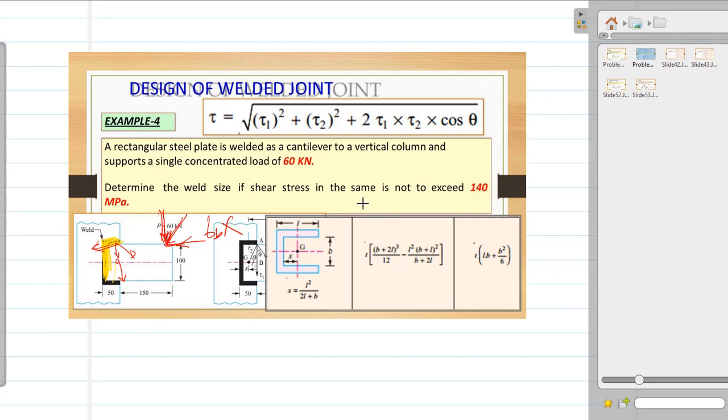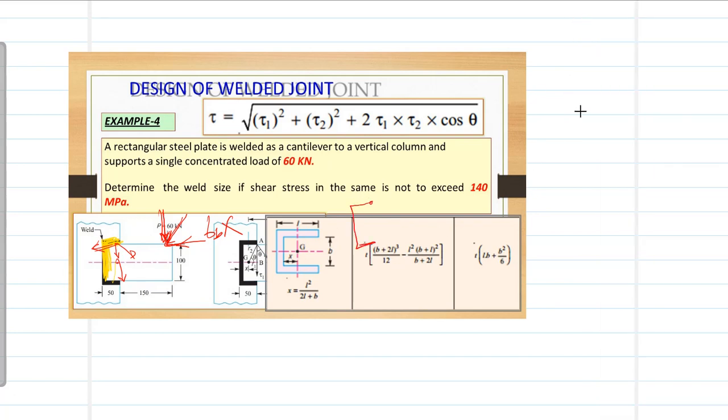So on the free edge, just draw here, we have a direct shear, which is this. We have a torsional shear, which is this, which is perpendicular to the centroid line, like this.